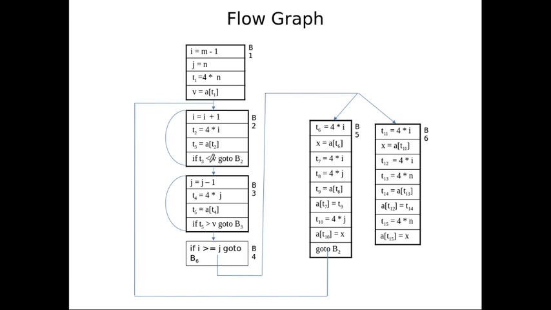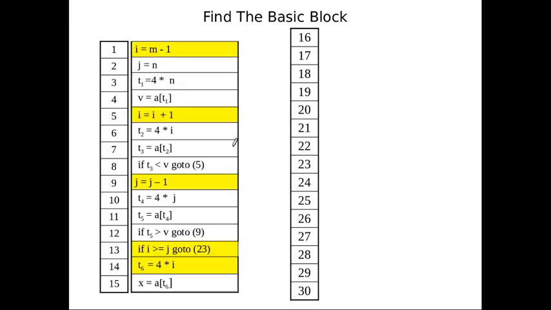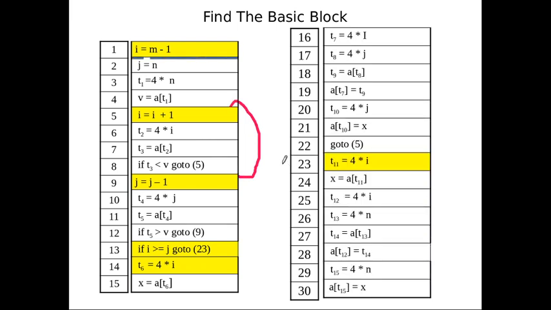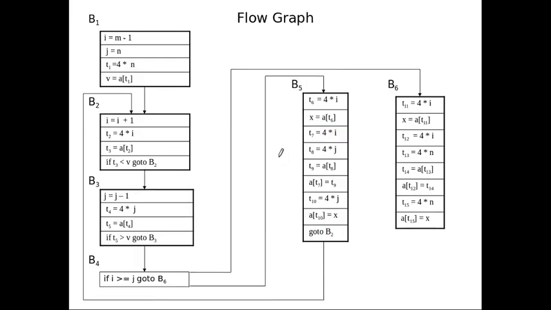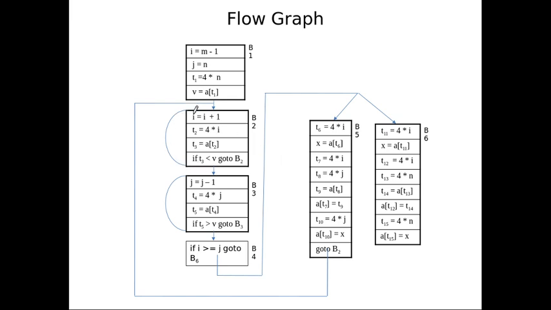If t3 is less than v, go to 5. 5 is the block 2 leader, so that is why we have the 5 in the three address code. Block 2 can be repeated itself.